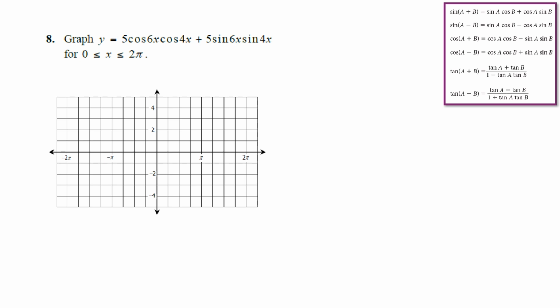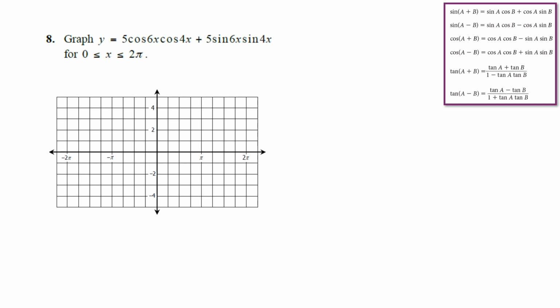We're asked to graph y equals 5 cosine 6x cosine 4x plus 5 times sine 6x sine 4x for x greater than or equal to 0 and less than or equal to 2 pi. So that means we're graphing between 0 and 2 pi only.